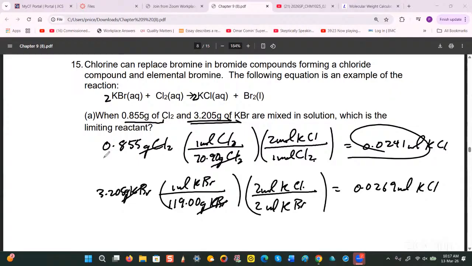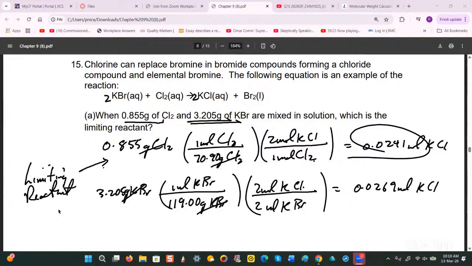Which means that the chlorine would be the limiting reactant. And that answers that question. All right? Any questions about this one?